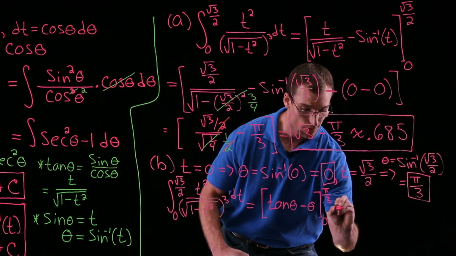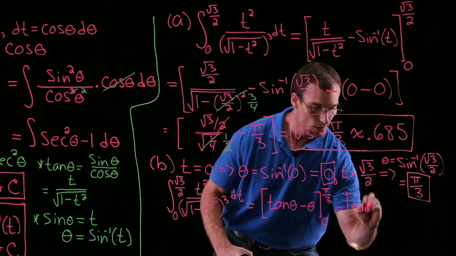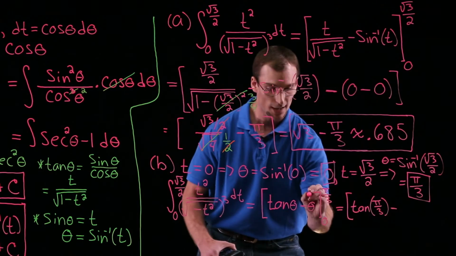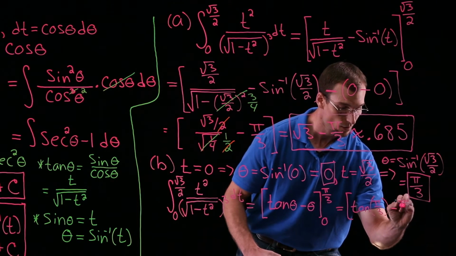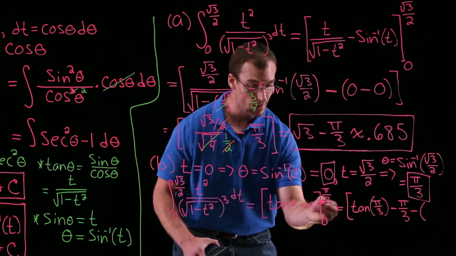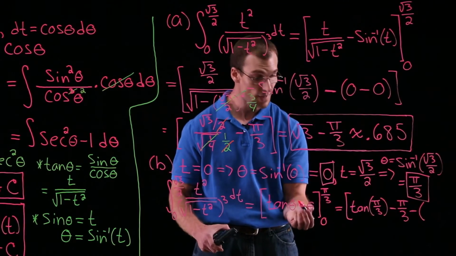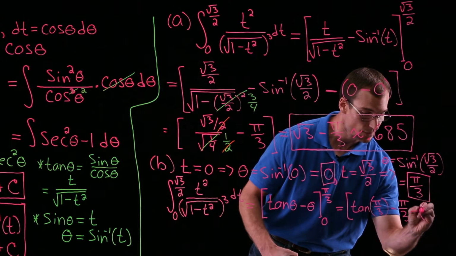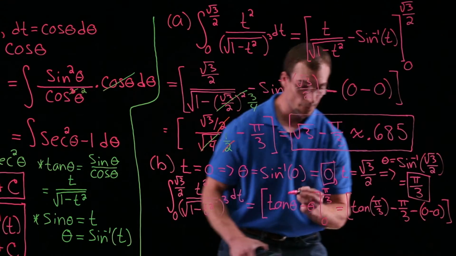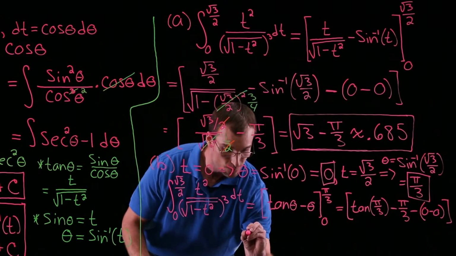Okay, so again, plugging in our upper limit, we have tangent of pi over 3 minus pi over 3. And then minus plugging in 0, tangent of 0 is 0, and plugging in 0 for theta, we get 0. So this is minus, again, 0 minus 0, which is just 0. So all we have is tangent of pi over 3 minus pi over 3.